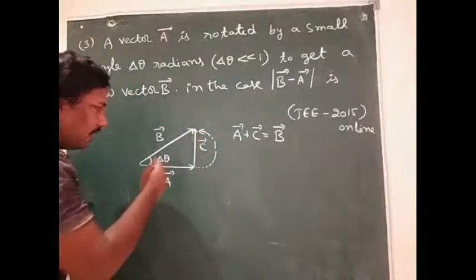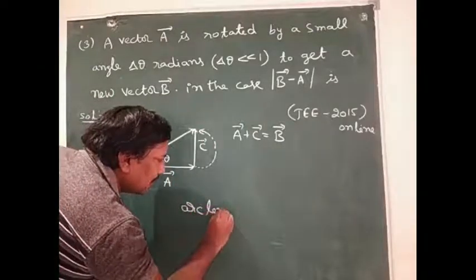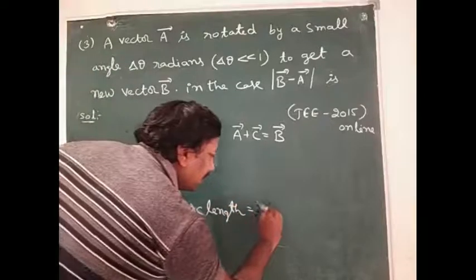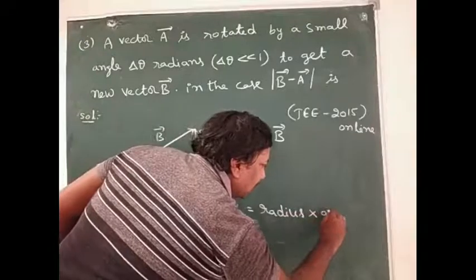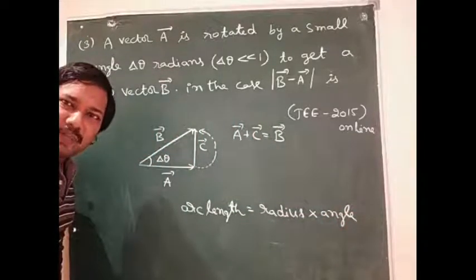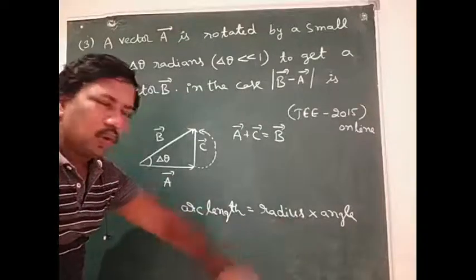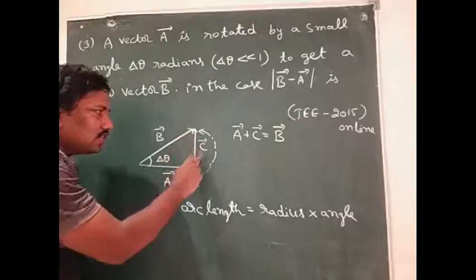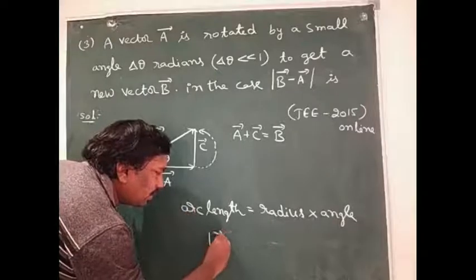Therefore in this case, arc length is equal to radius into angle. We know that angle equal to arc length by radius, so arc length equal to radius into angle. In this case arc length means this one, which is modulus of c bar.